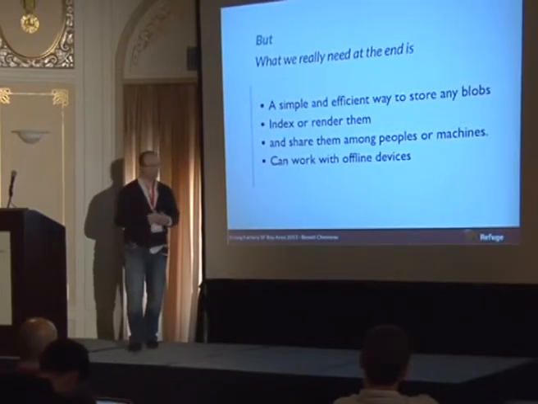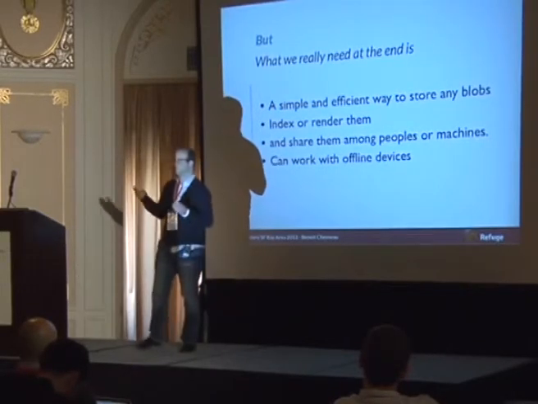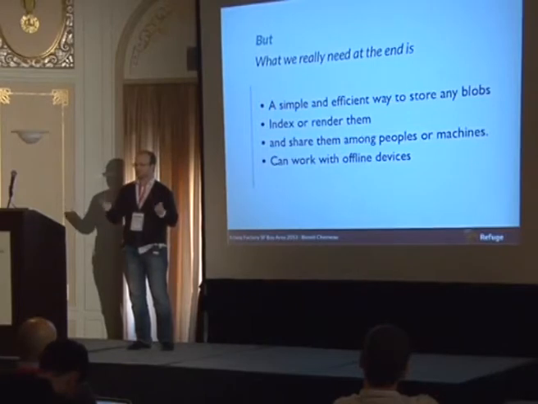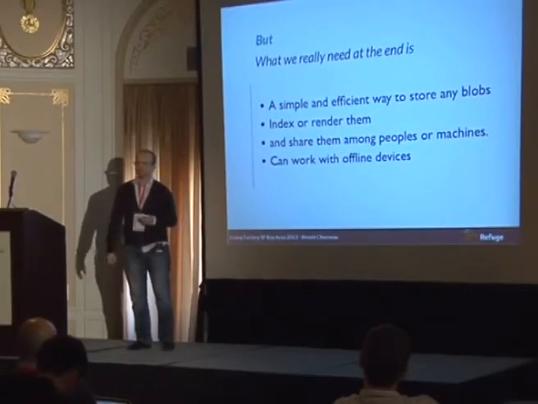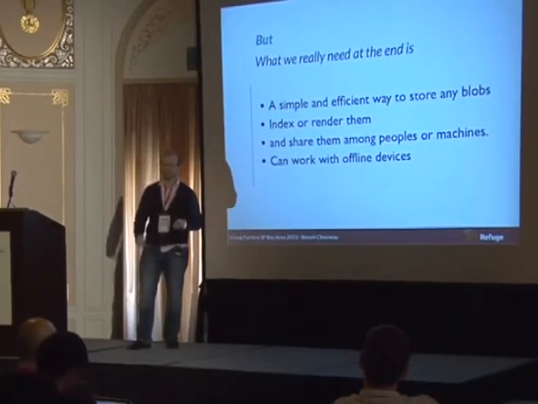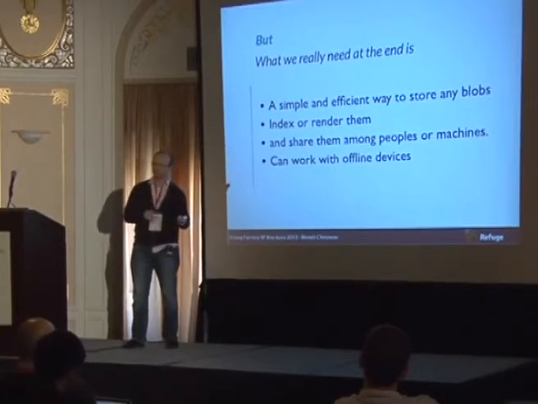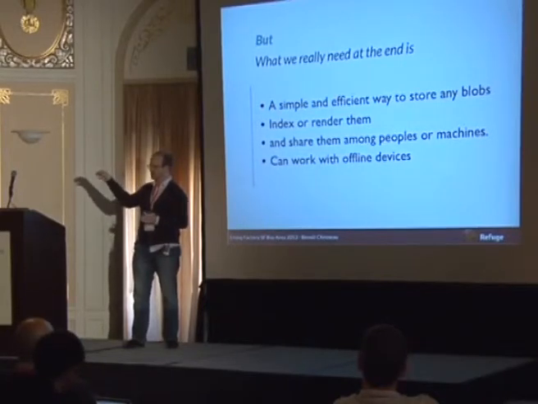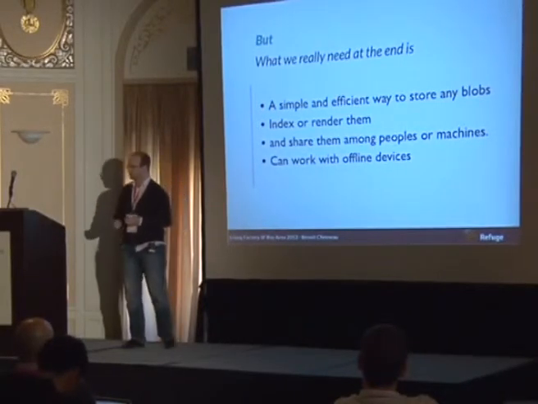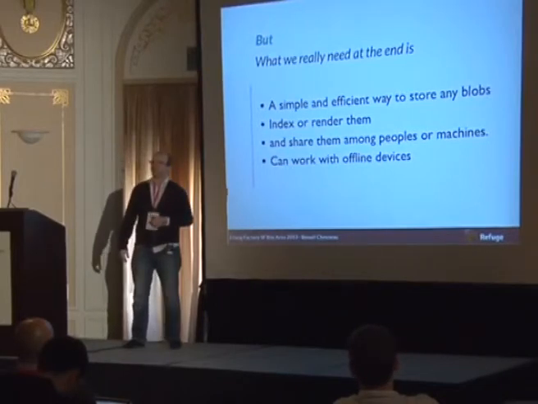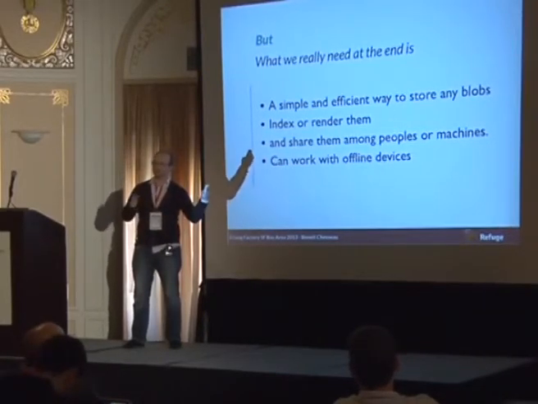But what we really want at the end, the thing we all do every day, is first you store your blobs, then you find a way to extract the information from your blobs, and this information that you extract from the blob is indexed right after. Apache CouchDB is mixing both.